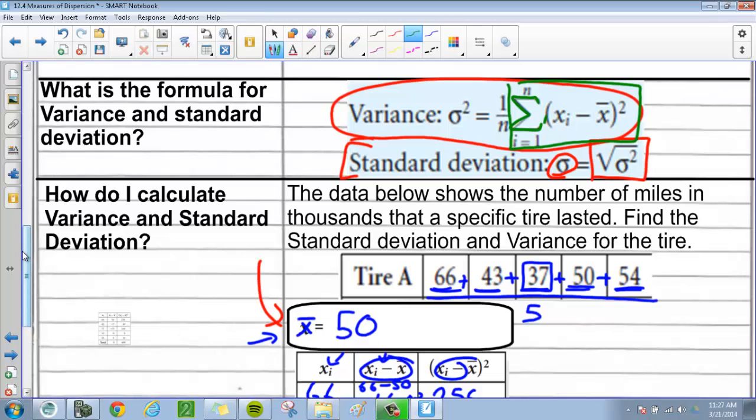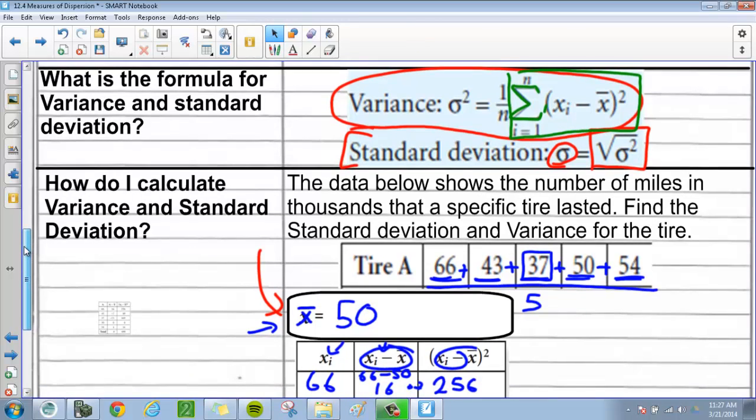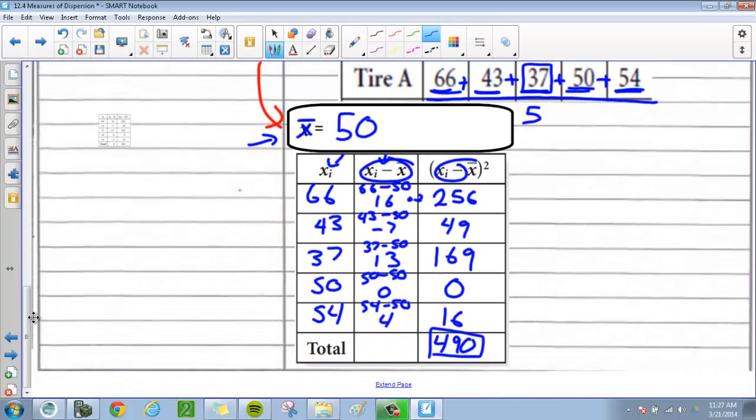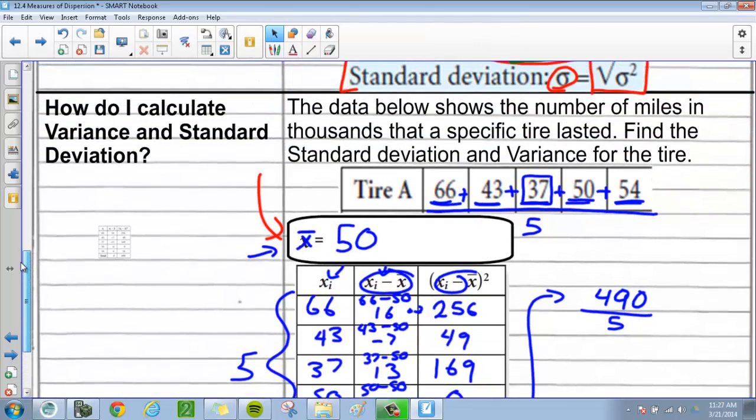And now, what do we need to do with that value to find the variance? We take this 490 and divide it by how many numbers there were. In this situation, there were 5 numbers: 1, 2, 3, 4, 5. So we take 490 and divide it by 5, the number n. You can see in the equation it's right here.